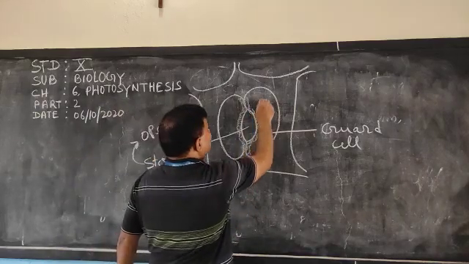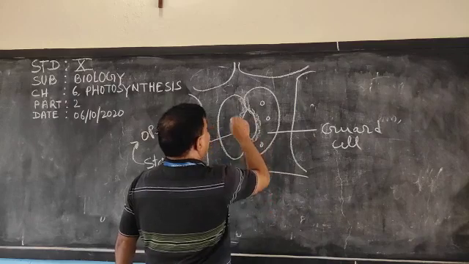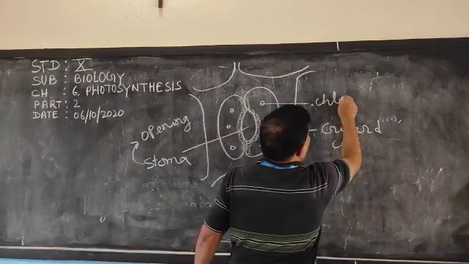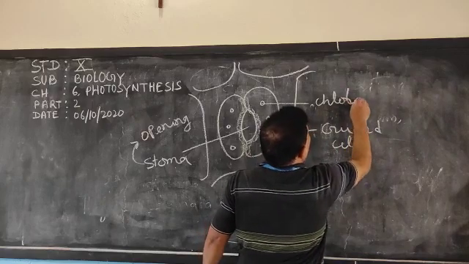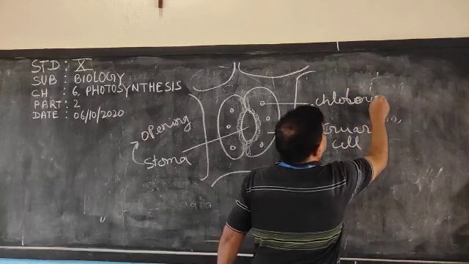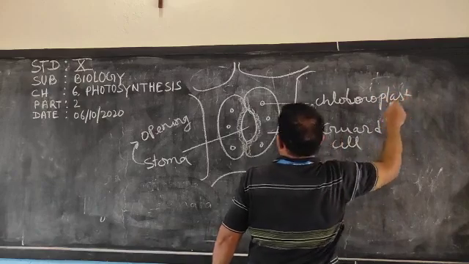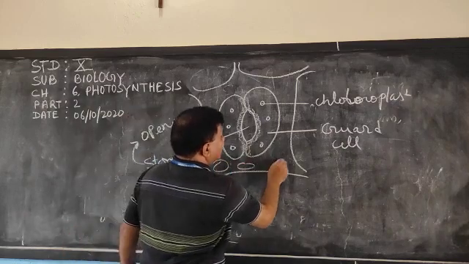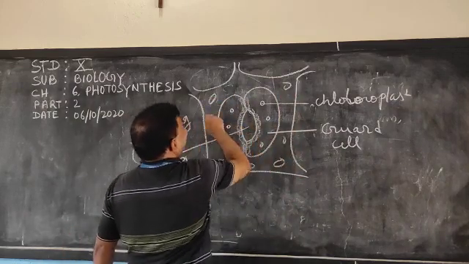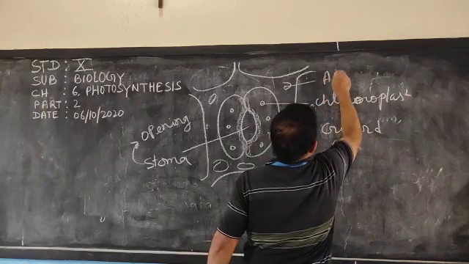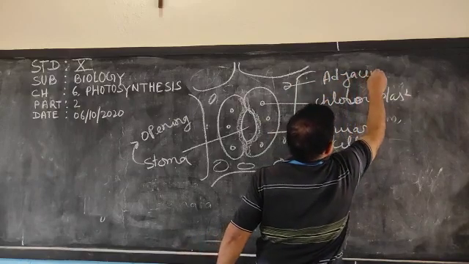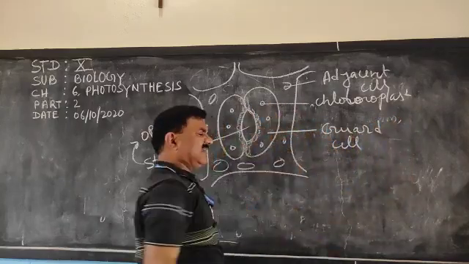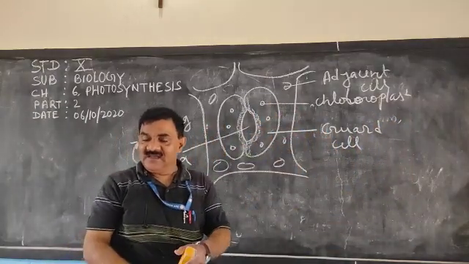And the guard cell also contains chloroplast, means inside the guard cell chloroplasts are also present. And these here are the epidermal cells or adjacent cells. So the diagram we have understood, and it is the diagram of an open stomata.